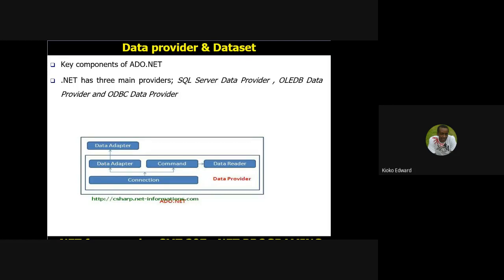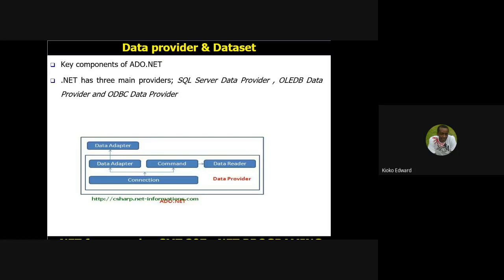The other provider will be the object linking embedded database provider, the OLEDB. The OLEDB will be used for a database like Access. So if you are connecting your .NET application to a data source like Microsoft Access, then we shall be using a provider we call the OLEDB.